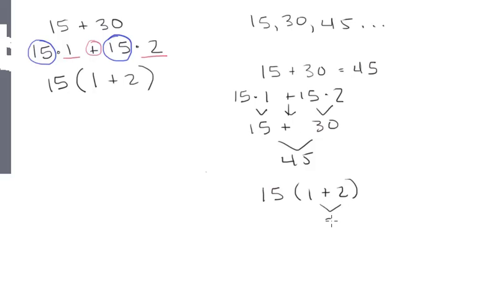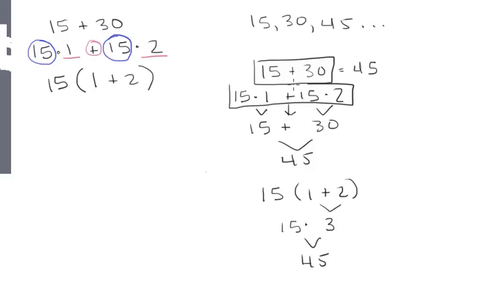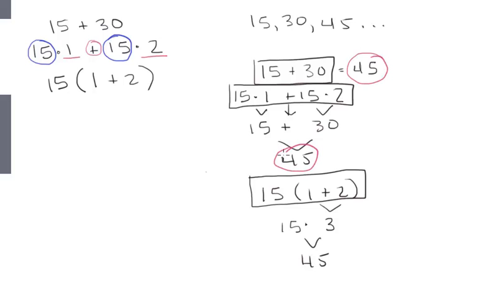Well, 1 plus 2 is 3, times 15 is 45. So I've found that I could write this expression as 15 plus 30, as 15 times 1 plus 15 times 2, or as 15 times the sum of 1 plus 2. In all three cases, I end up with the same answer, right? These are all equivalent expressions.